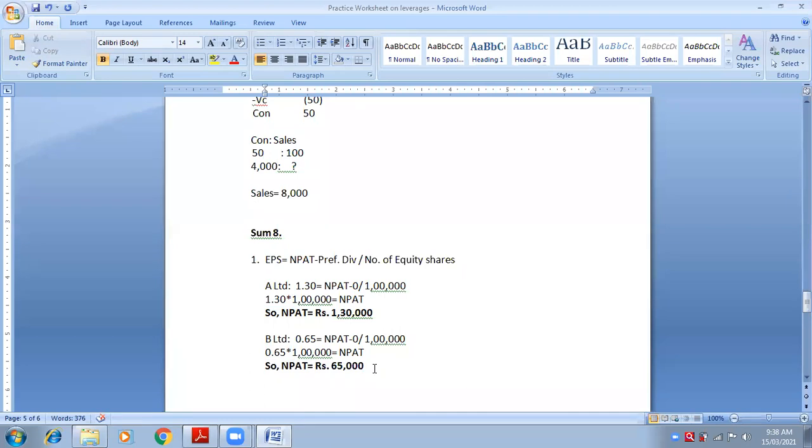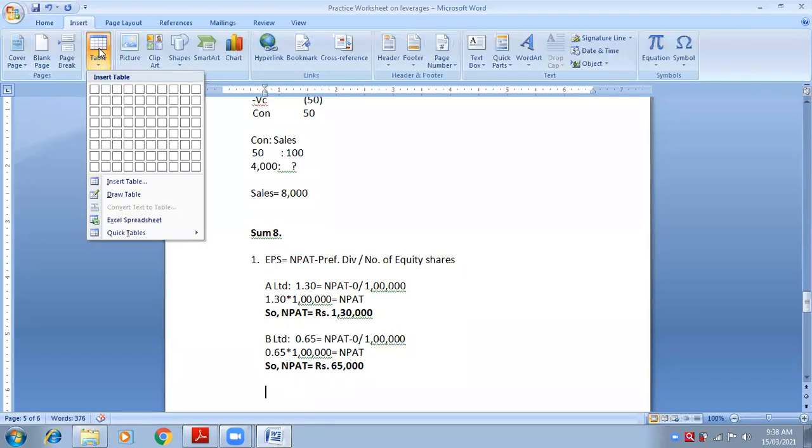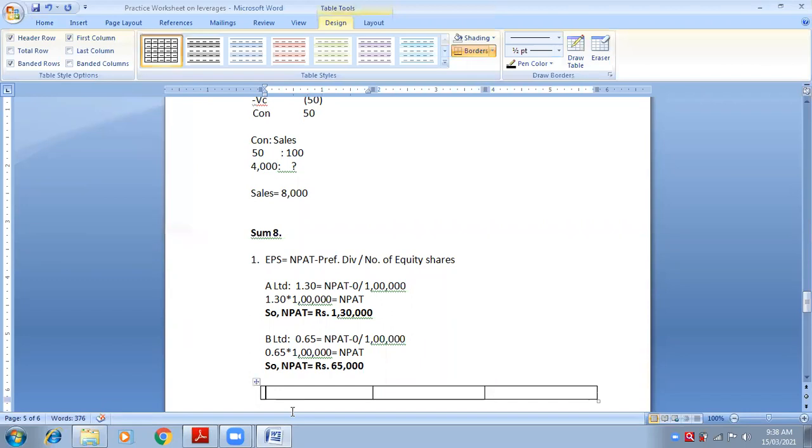See, I'll tell you. Wait. We'll start making a format. How many columns? So this is particulars, amount of A Limited, and the same way we have amount of B Limited also.